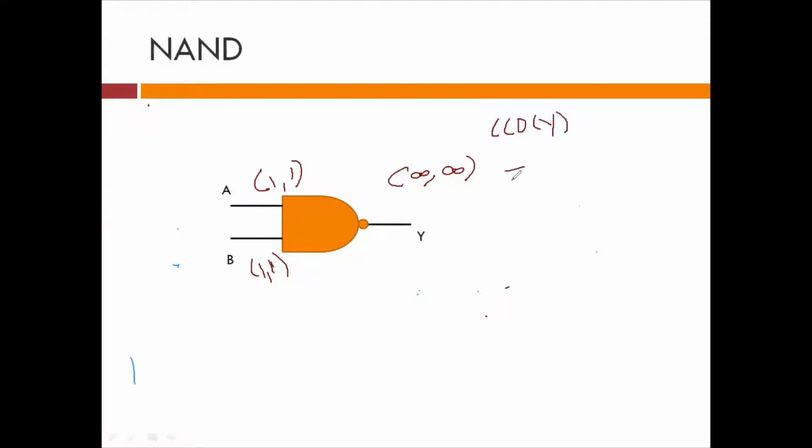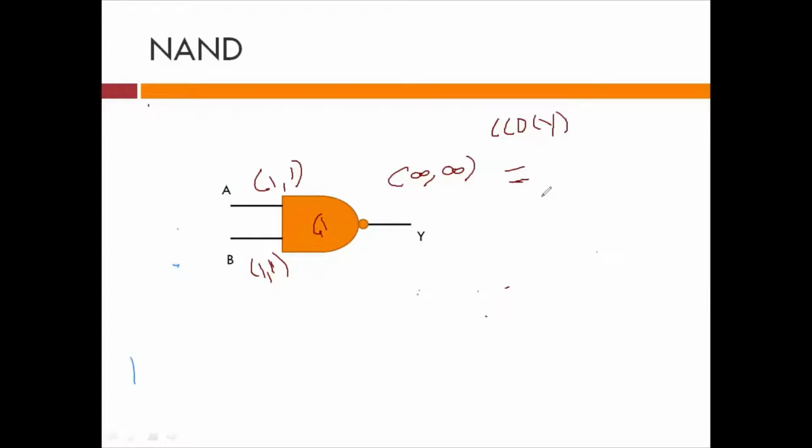There is no hard and fast rule. Some are represented by points, some by gates. So no problem in that. Somewhere in the text you will see it written as G1. If you call this gate G1, then you will see G1 written in the brackets instead of y. So that is not a problem, that is just a representation. You can do any way you want, but this has to be followed. This is for CC0, this is for CC1, comma, and inside the parenthesis it is always going to be your controllabilities.